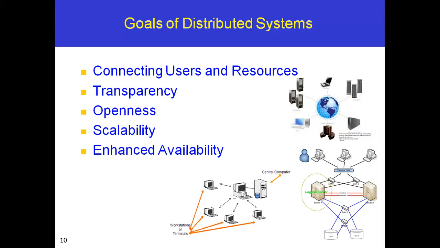These three diagrams are all examples of distributed systems. This one is well known to us; in many slides we have seen workstations and a central computer, and this is the supercomputer. This one is the local server, the green dotted circle.